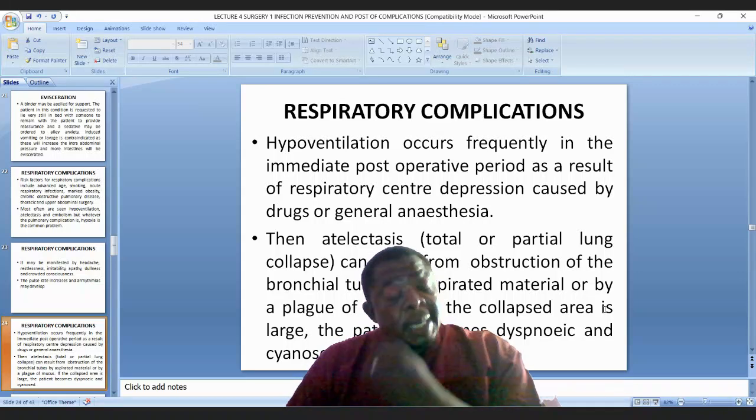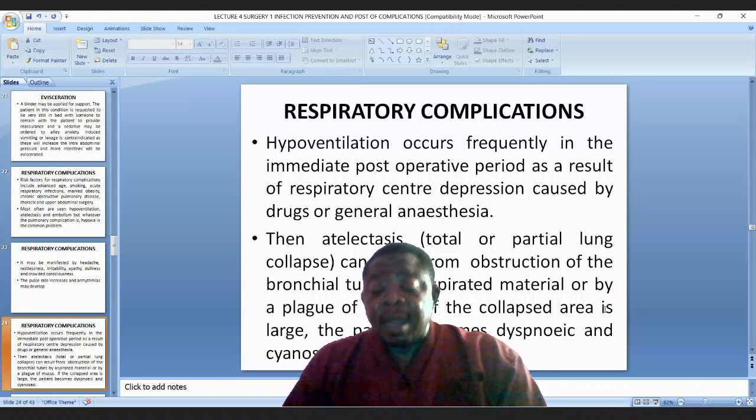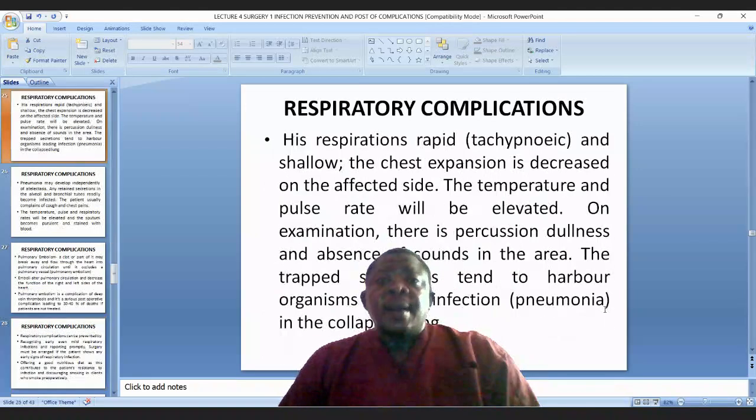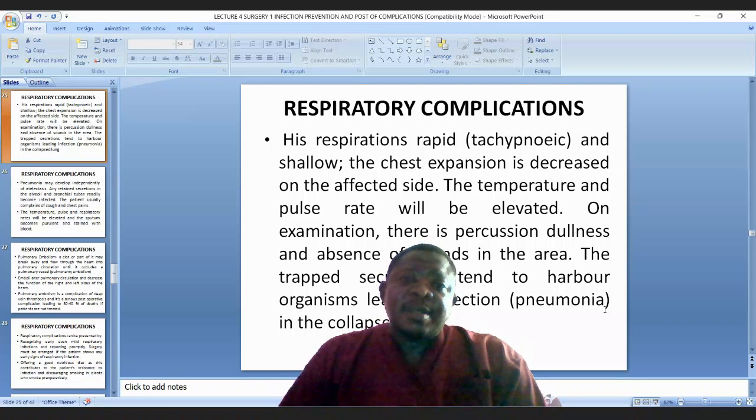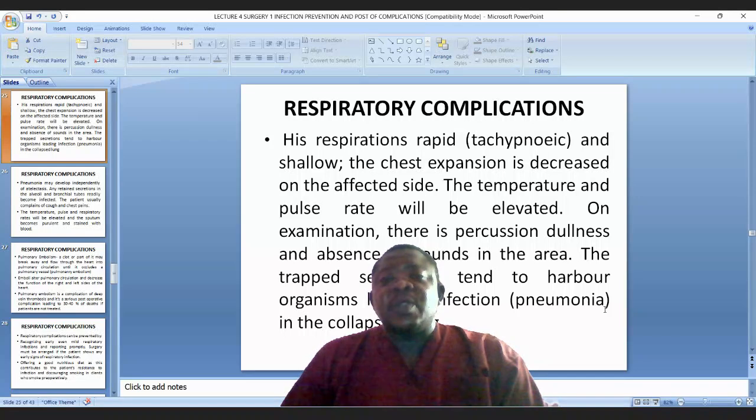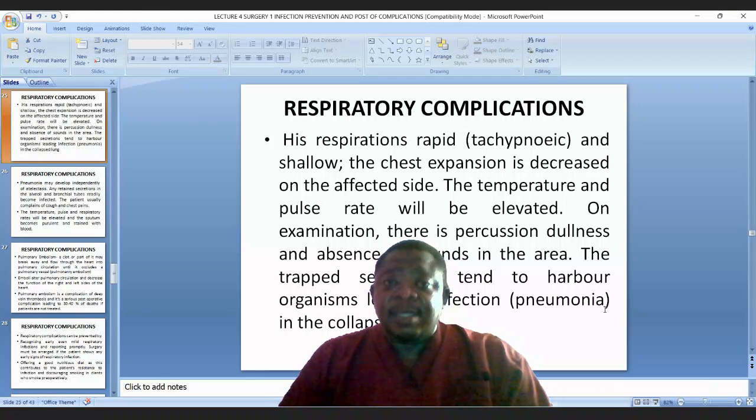That is in atelectasis, lung collapse. Okay, when there is a lung collapse, patient's respiration becomes rapid. That is, patient is going to have tachypnea, fast breathing, and that is fast and shallow breathing.